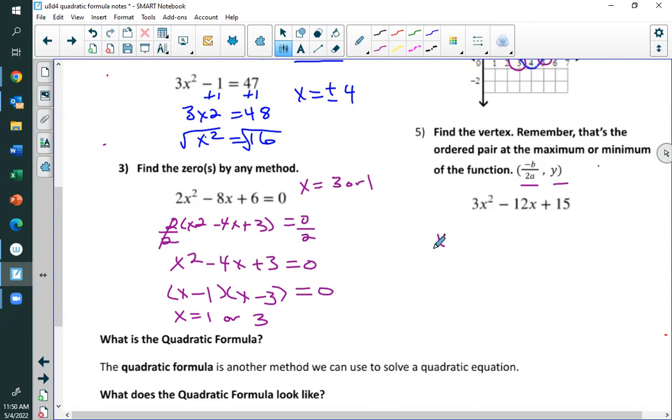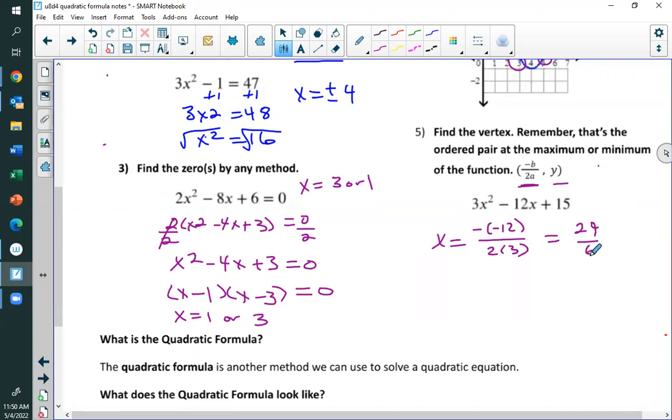So we had to find what is x. I said a is 3, b is negative 12, c is 15. So negative b is going to be the negative of negative 12, over 2a, so that's 2 times 3. I'm just finding the x part of my ordered pair right now. So this is 24 over 6.